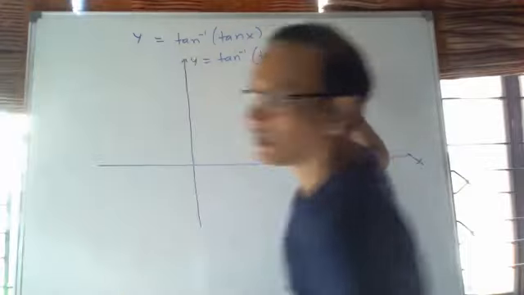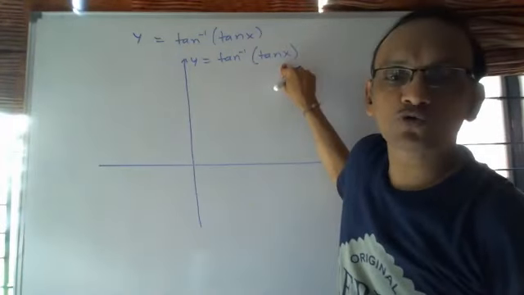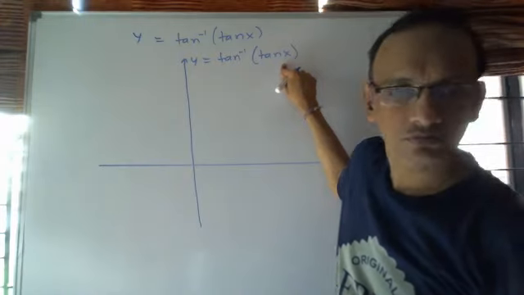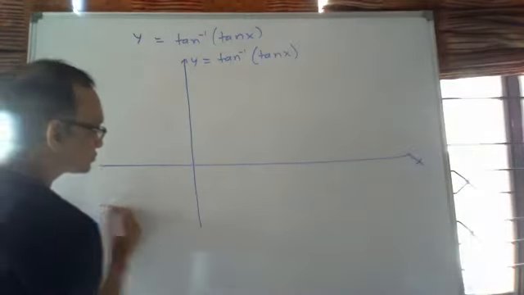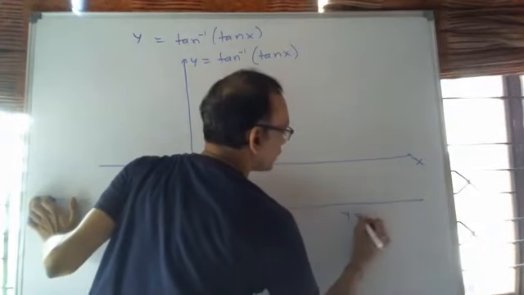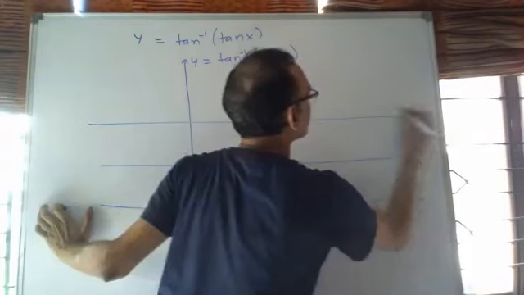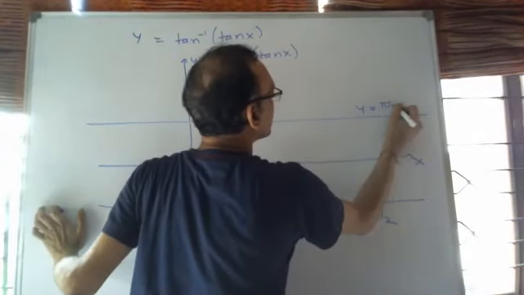Surely tan inverse, so its output should be in the interval y equal to -pi by 2 to +pi by 2. This whole graph lies between y equal to -pi by 2 and y equal to +pi by 2, right?